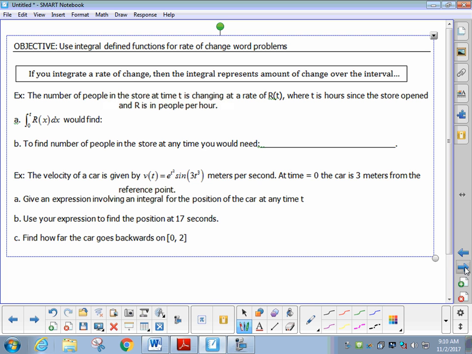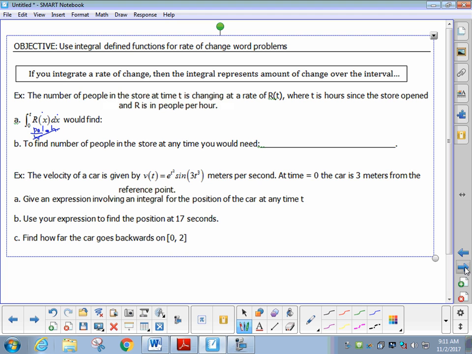If you did this kind of integral, then in terms of units, R's units are people per hour as far as how the number of people in the store are changing, right? What are the units on dx? That's actually a time, so that's hours. So when you make this little rate times time calculation, it's actually change in the number of people in the store.